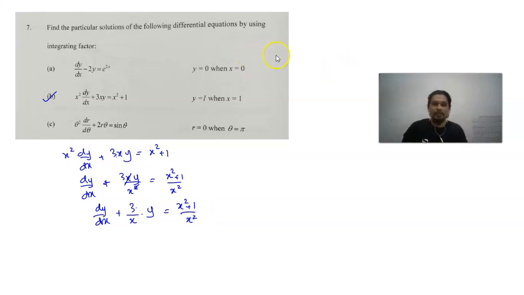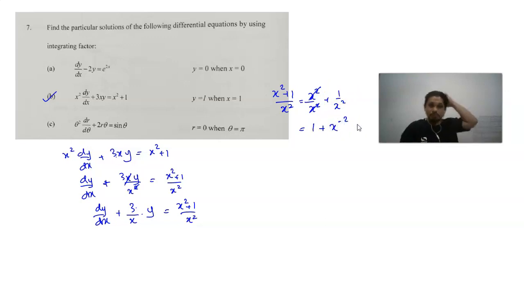But before that, (x squared plus 1) divided by x squared is x squared over x squared plus 1 over x squared, which is 1 plus x to the power of negative 2. Okay, never mind, we leave it as it is first.